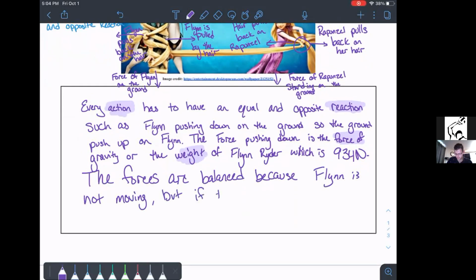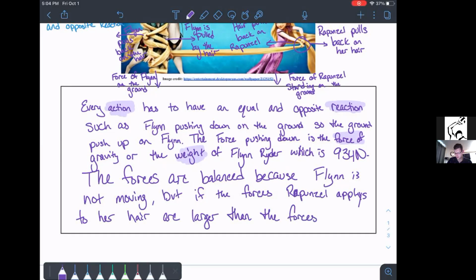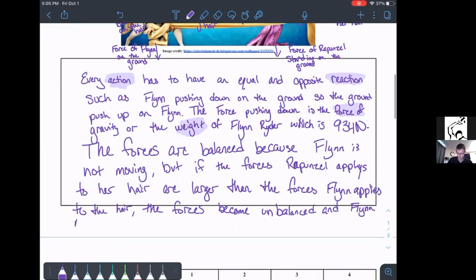but if the forces Rapunzel applies to her hair are larger than the forces Flynn applies to the hair, the forces become unbalanced and Flynn moves to the right with an acceleration.